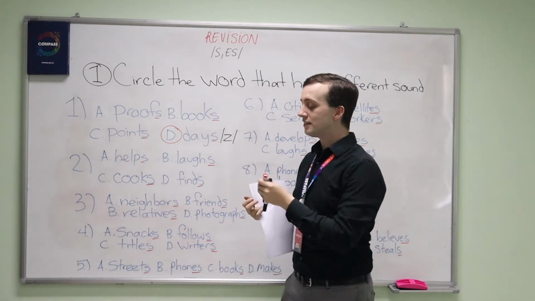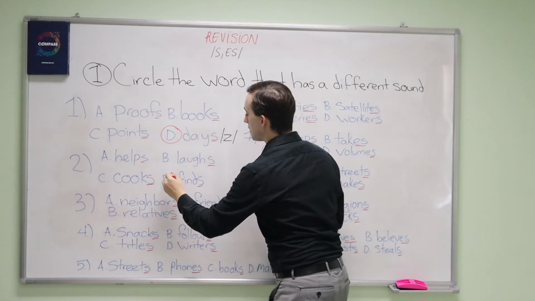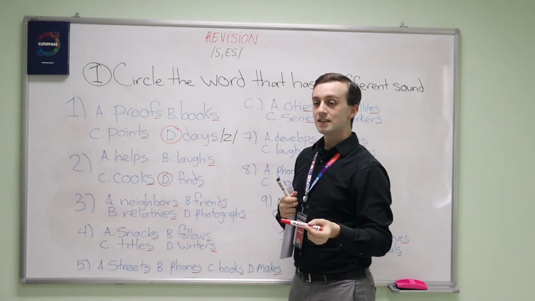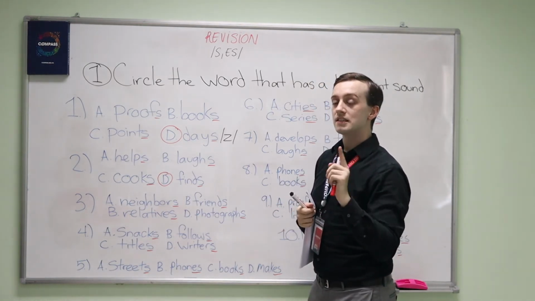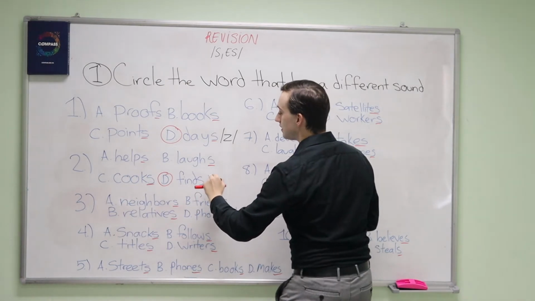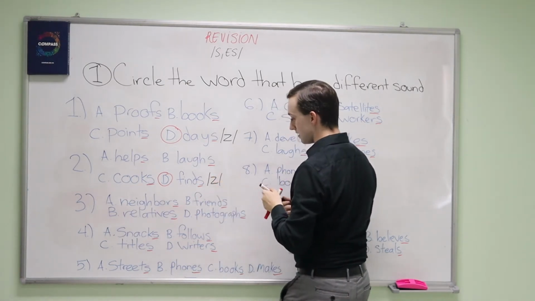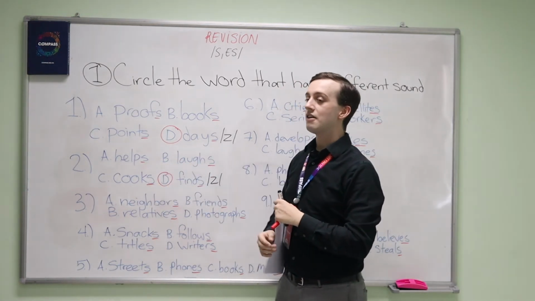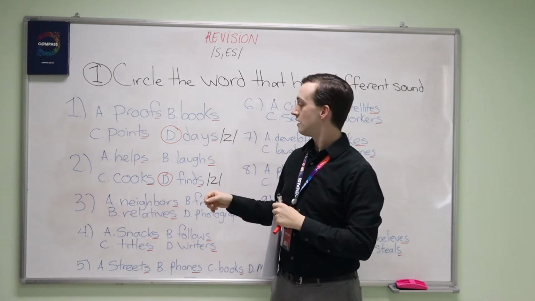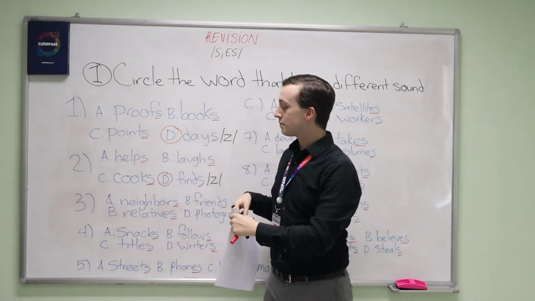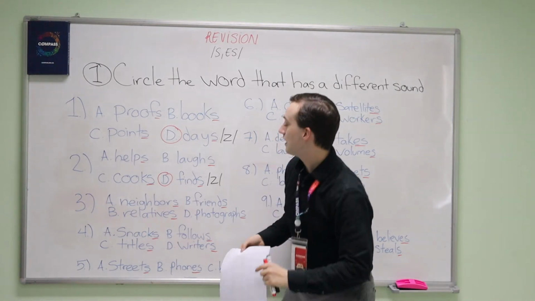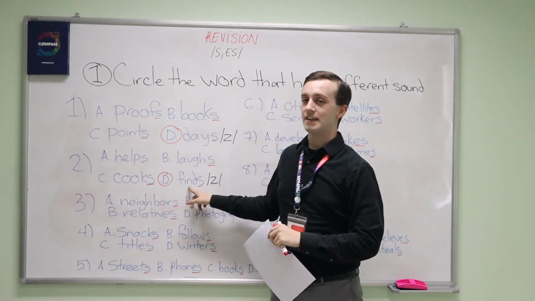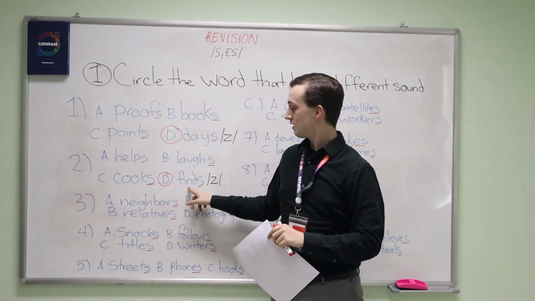Again, the answer is D. Circle D. Okay, because in the word finds, S makes the sound Z. But in helps, laughs, and cooks, the sound is S. So listen again. Helps, laughs, cooks, finds. Different.